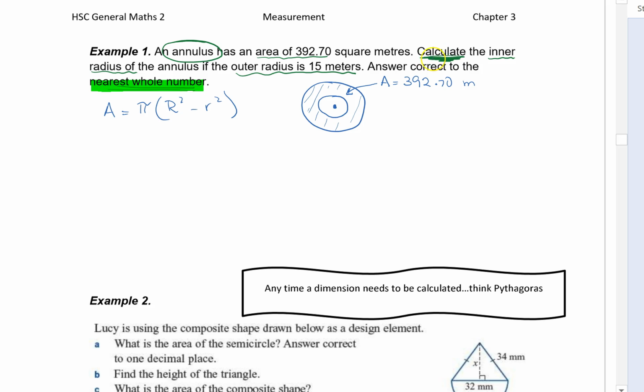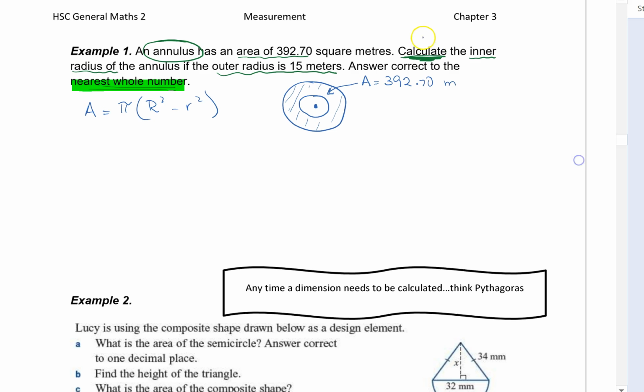I've also, you can see, underlined calculate. I've been asking you to look for the word find in the wording. Find, calculate, what is. They're keywords to be identifying and looking for in a question. That tells me what I need to find: it says the inner radius. What's my understanding of that in terms of the maths?